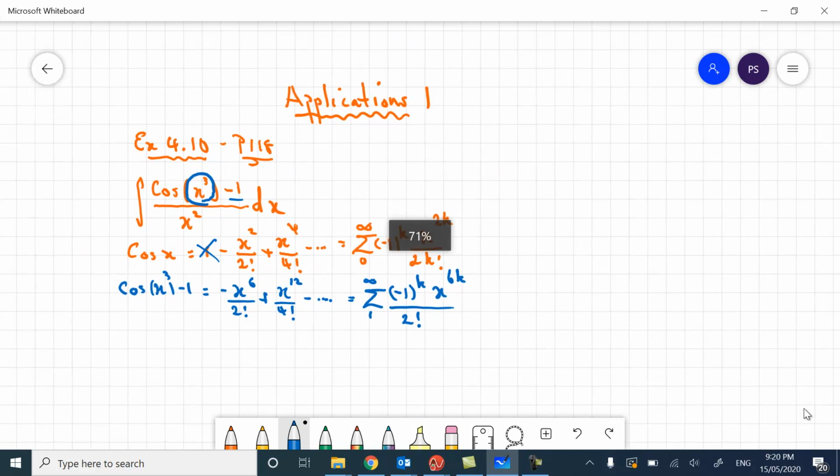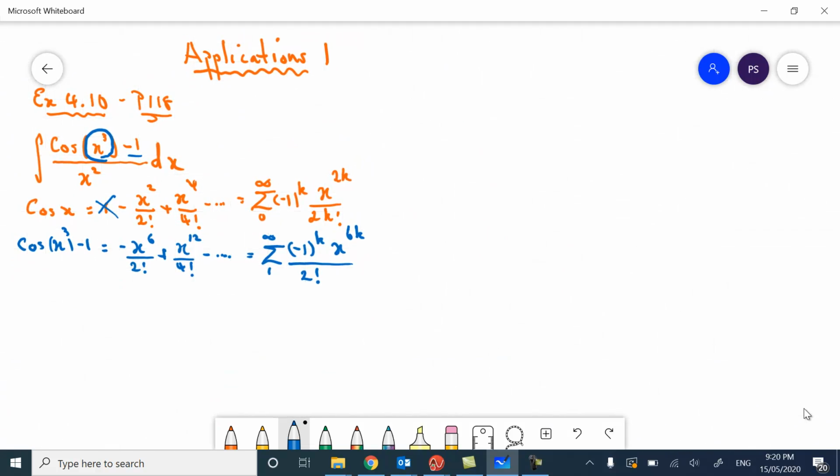Now, in the next part, ladies and gents, I now have to divide that by x squared. So I've got the integral. I'll use my first equal sign down there. So that's going to equal, I've got to divide by x squared.